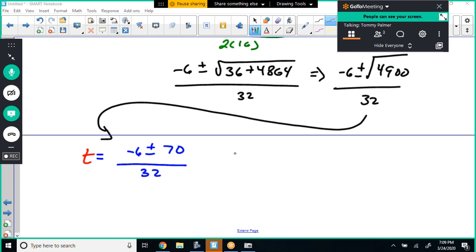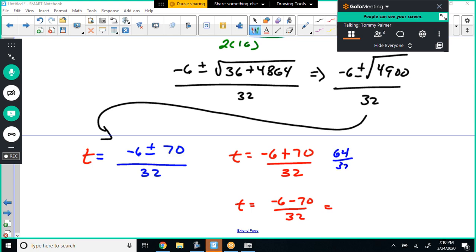So what I'm going to do is say t is equal to -6 plus 70 divided by 32. And then I'll say t is equal to -6 minus 70 divided by 32. And then this right here would be 64 divided by 32, which is 2. And then this is -76 divided by 32, and that's negative 2.375 seconds.